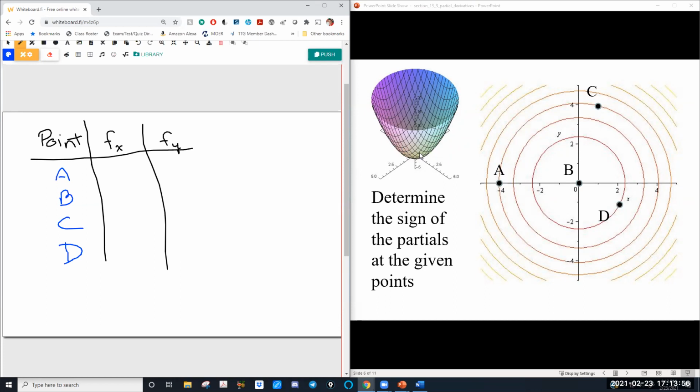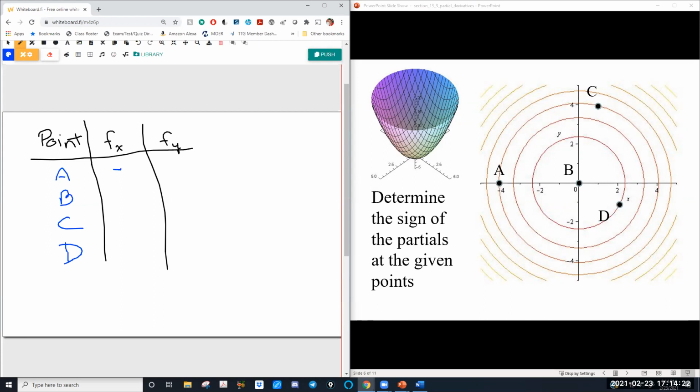This contour is a little lower, so it has a lower z value. So if we were moving to the right at point A, our z would be getting smaller. In other words, our function would be decreasing at A in the x direction. So we would expect our f sub x at A to be negative.